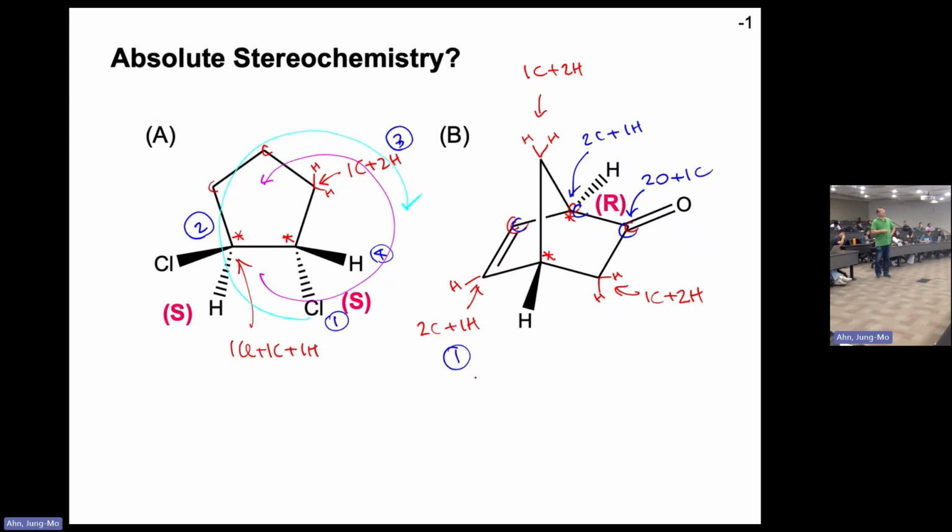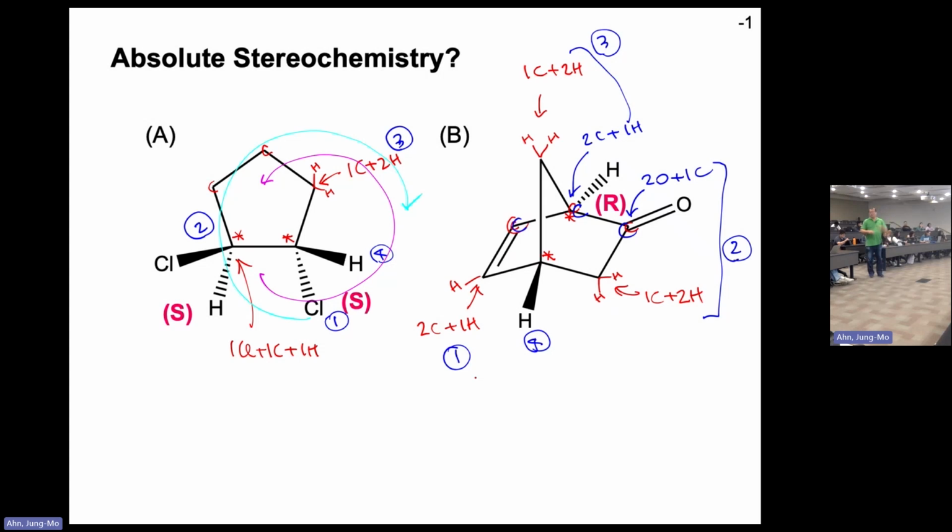If you look at that carbon, this carbon has two carbons and one hydrogen. So that wins, and by that winning, the whole chain wins. So this whole chain on the left side is the one that gets number 2. This one vertically up gets number 3. The fourth one is coming out toward you. I told you that you cannot forget that. Very easy to make a mistake.